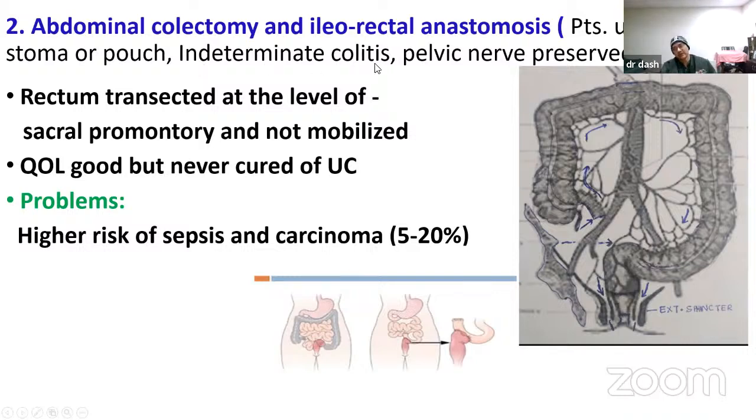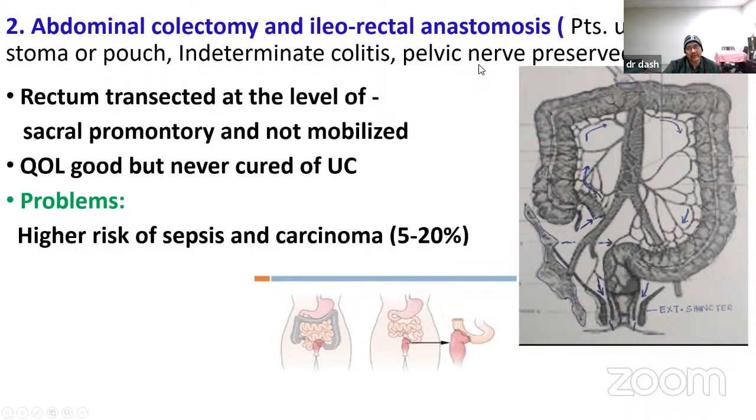This is a condition where we cannot differentiate between Crohn's and ulcerative colitis, and what is recommended is you just do an ileorectal anastomosis, and then see in the post-operative period, when the disease calms down, repeat biopsy may be able to show what type of colitis that was.